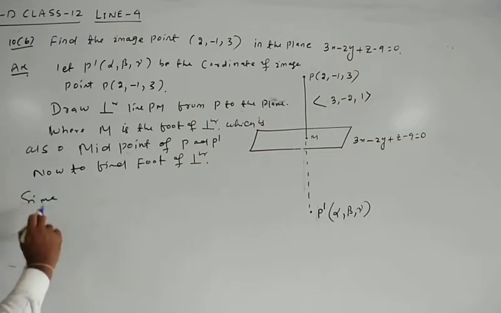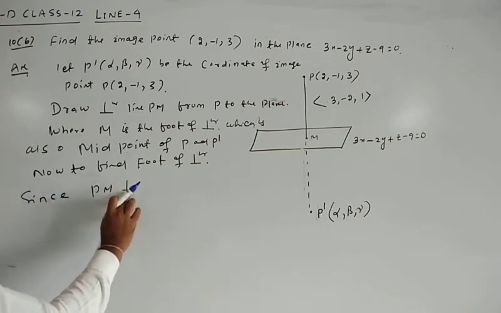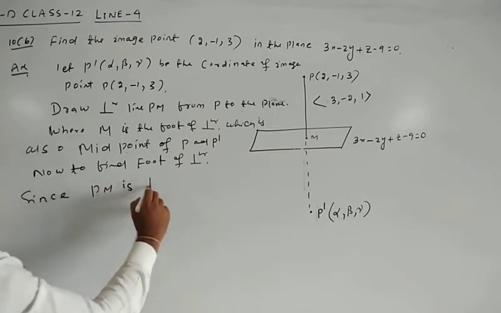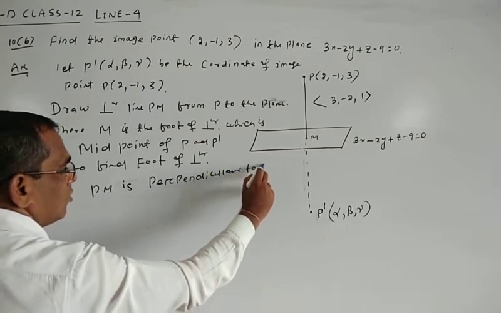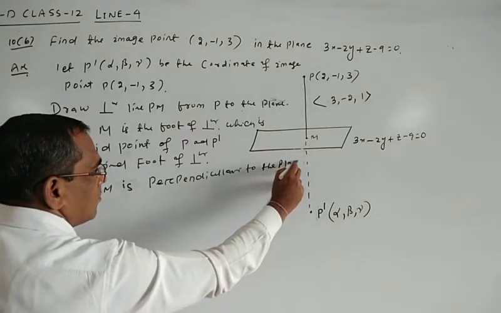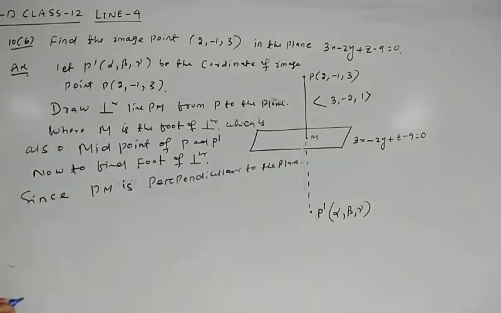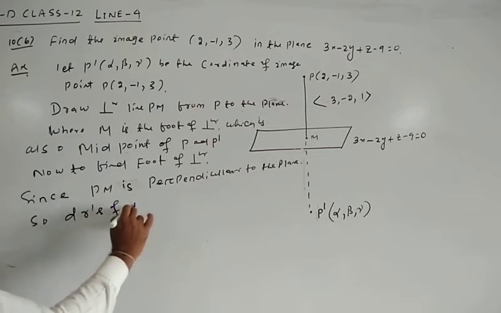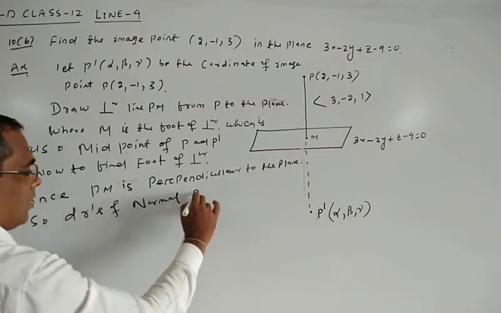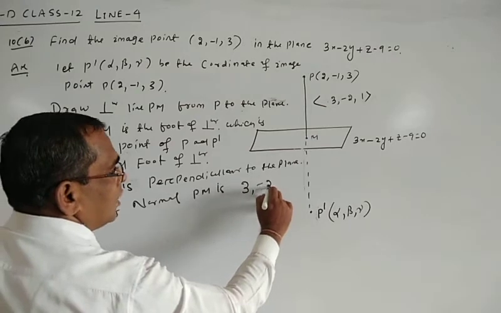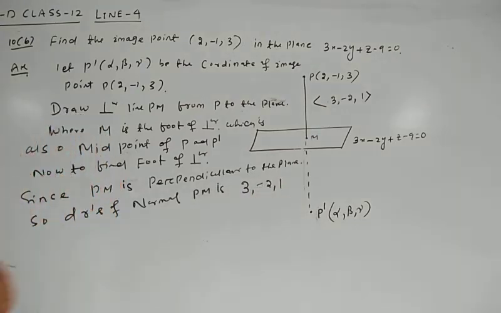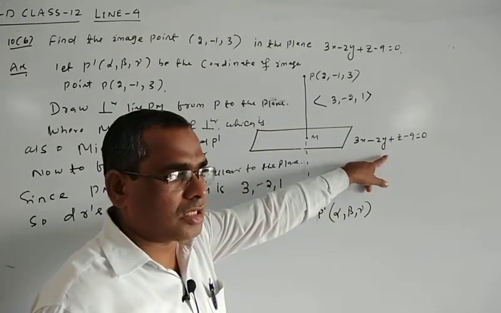So the direction ratio of PM, because PM is the normal to the plane, is 3, -2, 1. The coefficients of x, y, z will be the direction ratio of the normal to the plane.